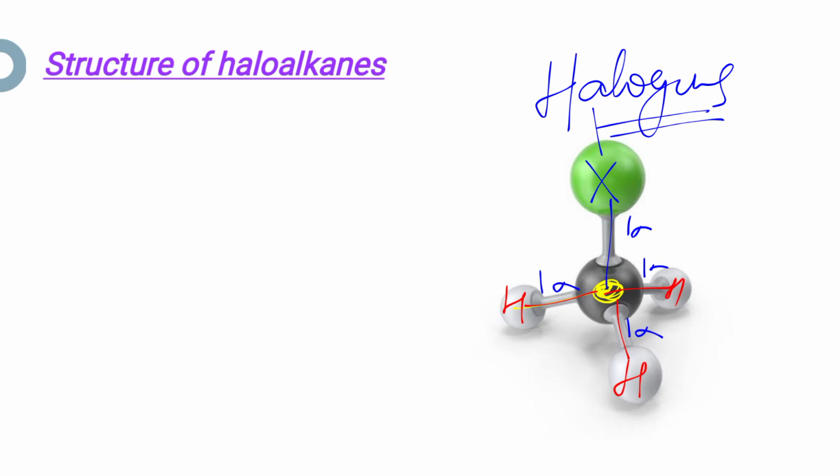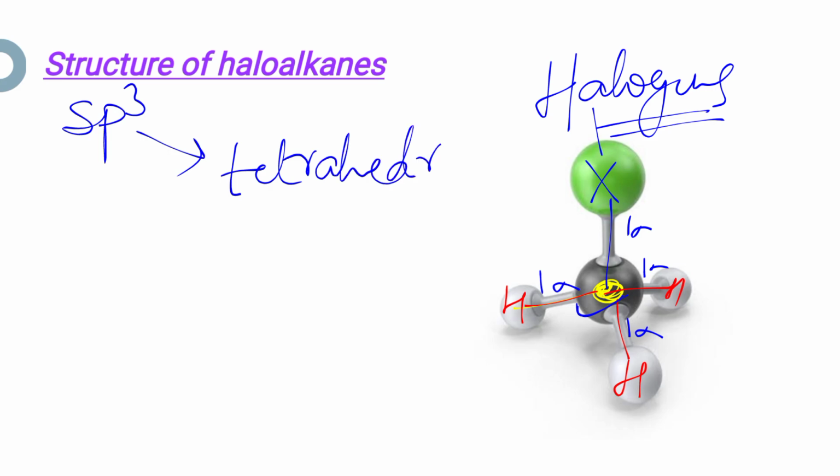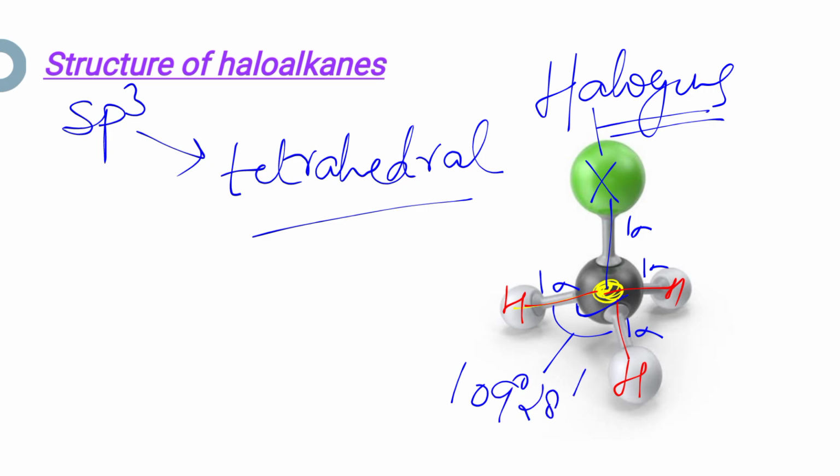If the hybridization of this carbon is sp3, it gives tetrahedral geometry. This tetrahedral shape has bond angle 109 degree 28 minute.